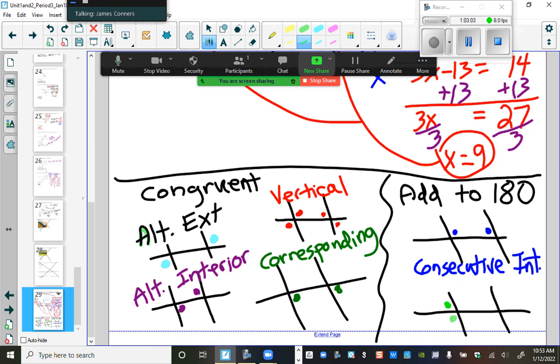You have an L, blank pair. Linear pair. Linear pair. All right. So that's what's going on. Your consecutive interior or your linear pair, that's when you add up to 180.